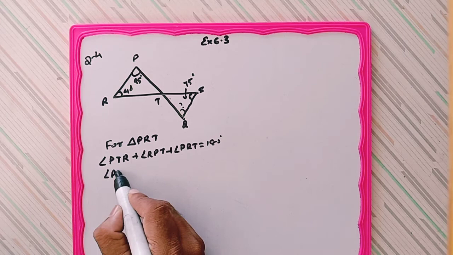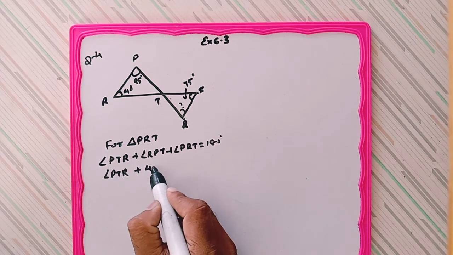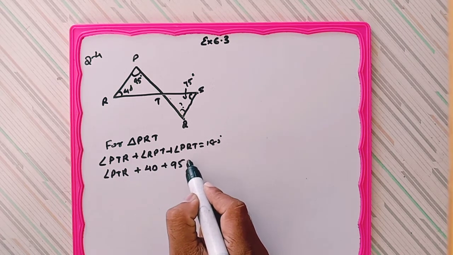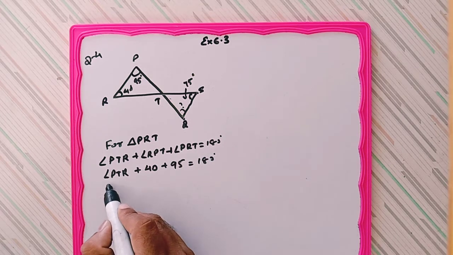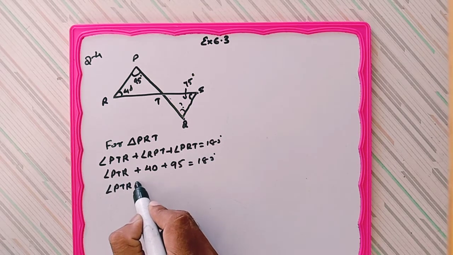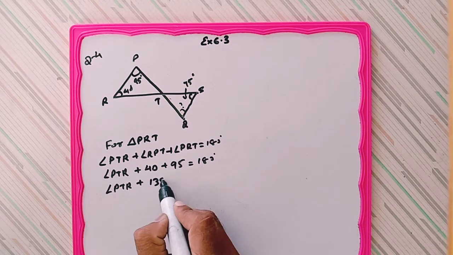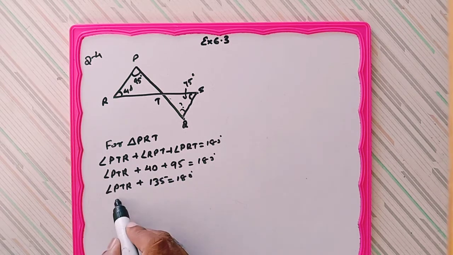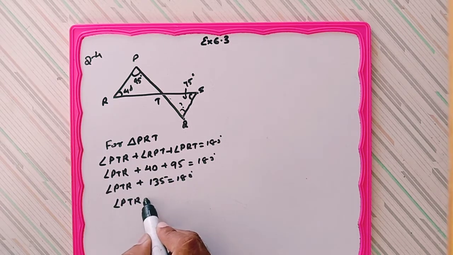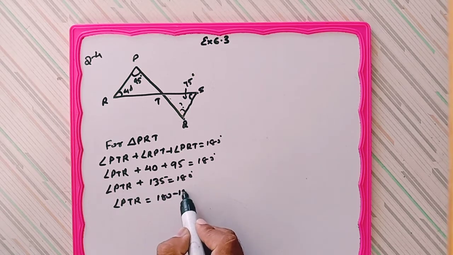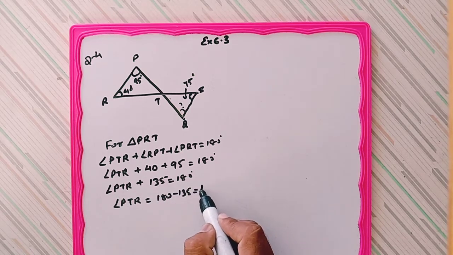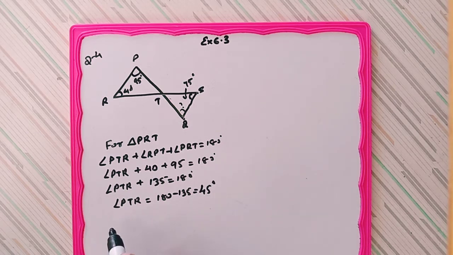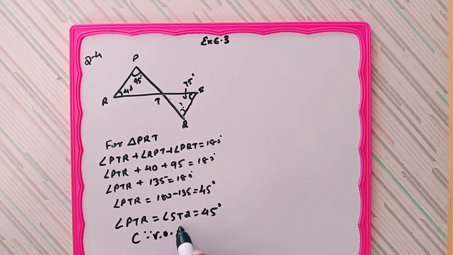So angle PTR plus 40 plus 95 equals 180, and so angle PTR plus 135 equals 180. So angle PTR equals 180 minus 135, that is 45 degrees. Now angle PTR equals angle STQ equals 45 degrees, because they are vertically opposite angles.